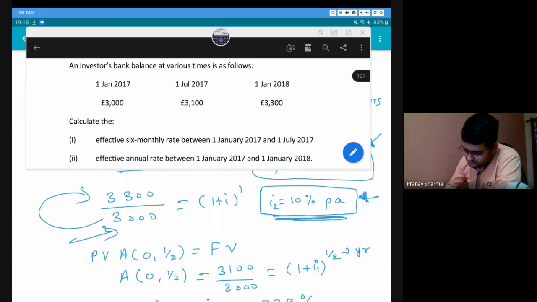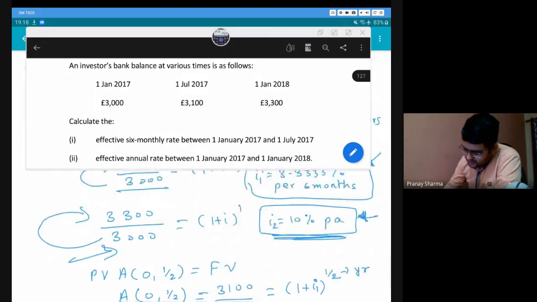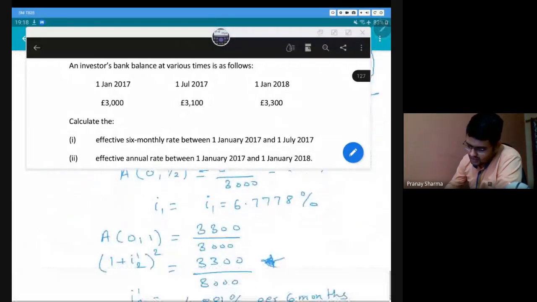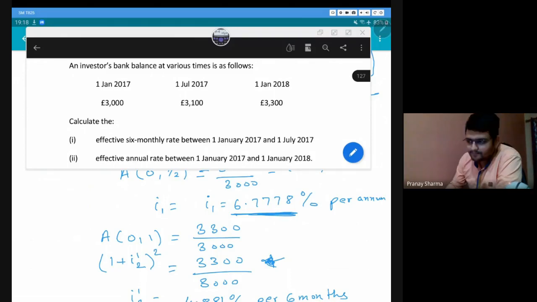And my 3.33% per 6 months becomes 6.778% per annum. Why is it not exactly double?